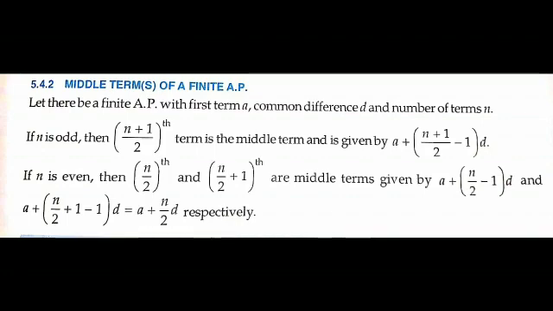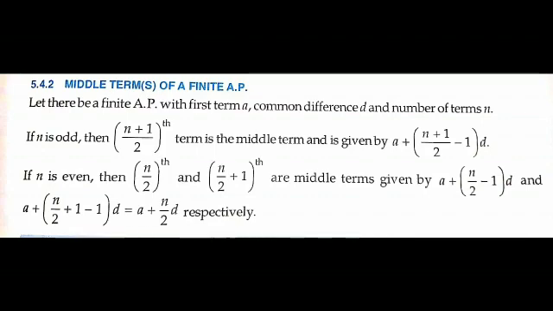Now case 2. If n is even, then in this case we will have two middle terms given by the n by 2th term and the (n by 2 plus 1)th term.